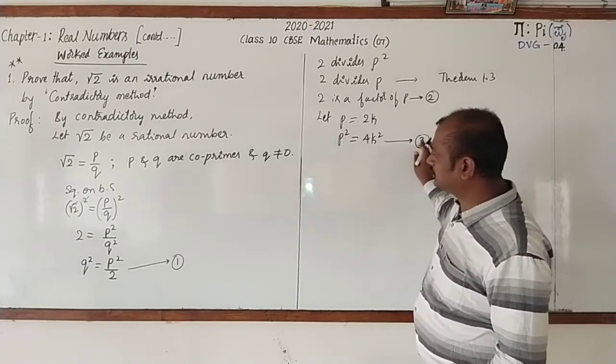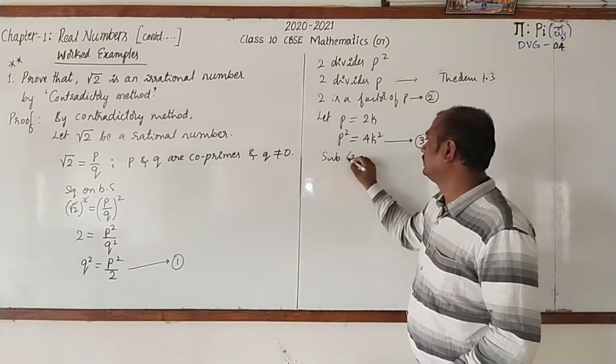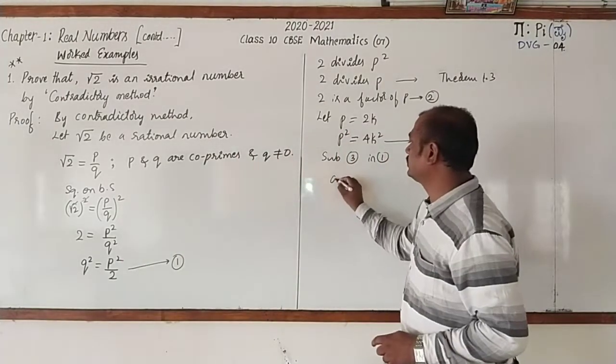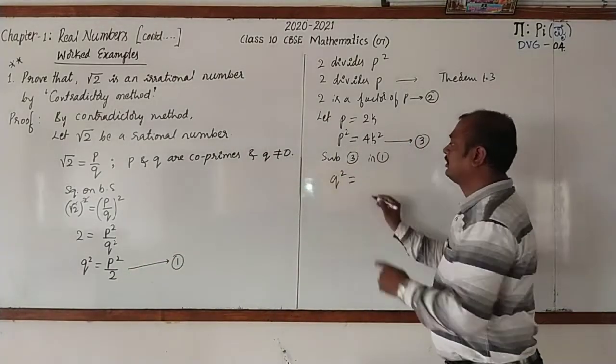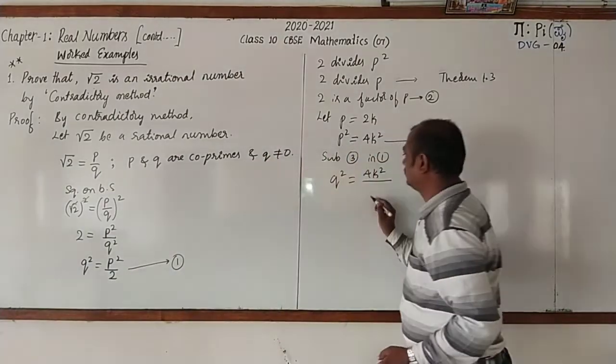Then substitute 3 in 1. Then 1 becomes q square is equal to p square by 2. What is p square? 4k square by 2.